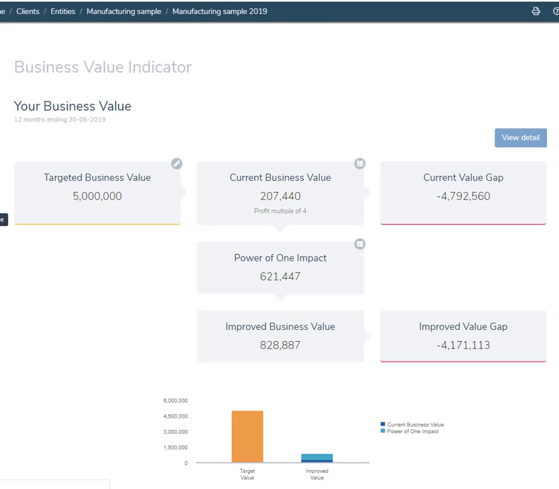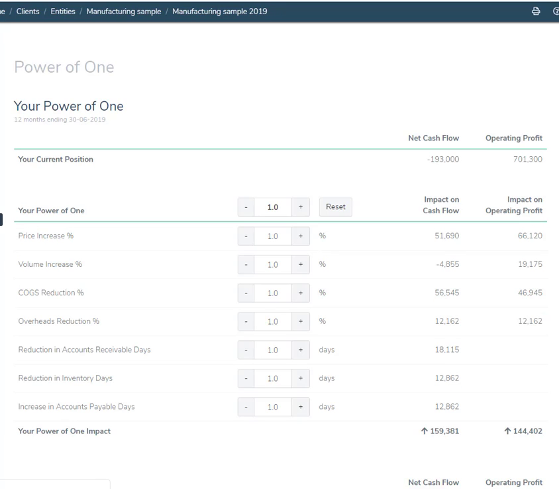We'll go back now and just have a quick look at what we could do. So let's say we don't want to increase our volume. We're going to increase our prices by 2%. We'll just talk about our collection of cash. So at the moment, the amount of days that it was taking us to collect our cash was 80.